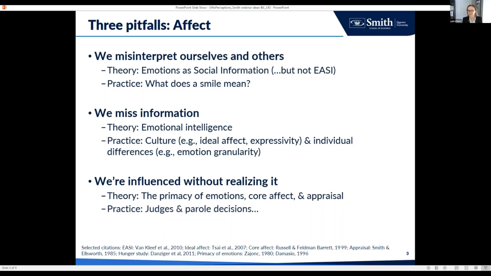One of my favorite examples of this is an excellent study done on parole decisions with judges in Israel. And let me give you a bit of a scene before I show you the graph that I think is one of the most striking graphs I've seen to summarize this kind of data and this kind of effect. So there was a series of judges, these are Israeli judges, looking at parole decisions.